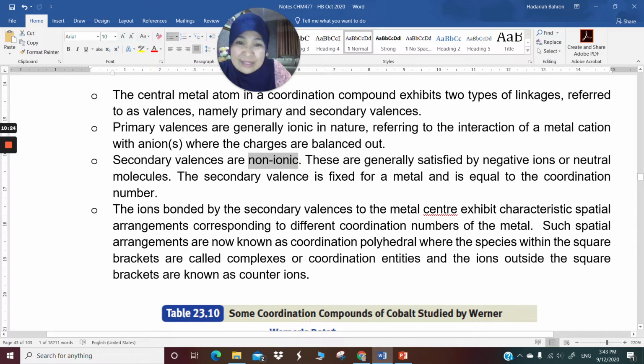The first one is ionic in nature, the second one is non-ionic. These secondary valences are generally satisfied by negative ions or neutral molecules. The secondary valence is fixed for any given metal and it is equal to the coordination number. So the secondary valence is the coordination number, whereas the primary valence is the oxidation number.